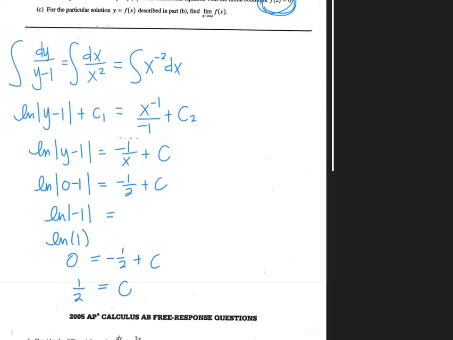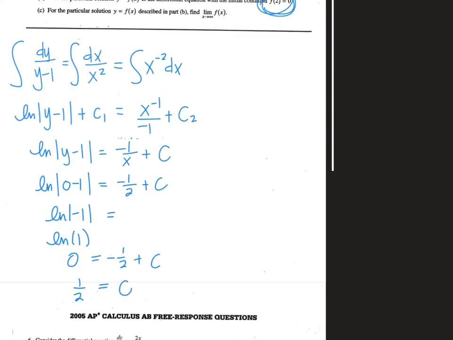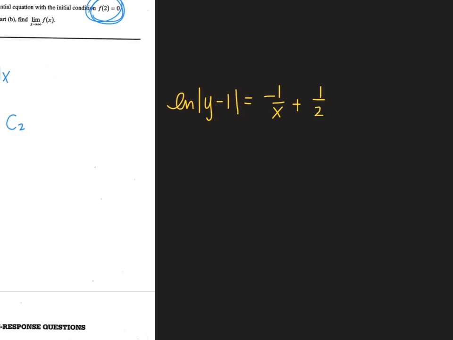So if we put all that together, running out of room here, maybe I'll do it over on the side. The natural log of the absolute value of y minus 1 equals negative 1 over x plus the constant 1/2. So we'll apply e to both sides. That'll give me the absolute value of y minus 1 equals e to the, as a whole quantity, negative 1 over x plus half.